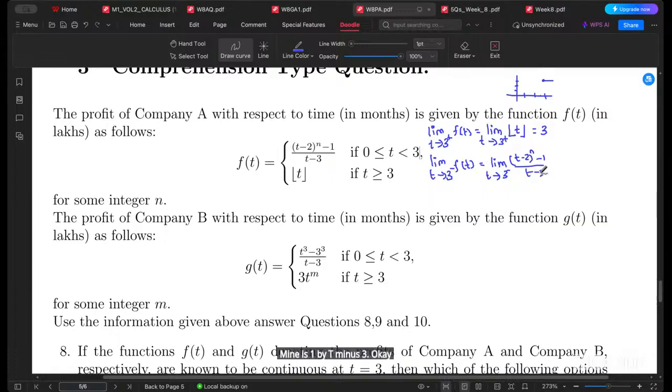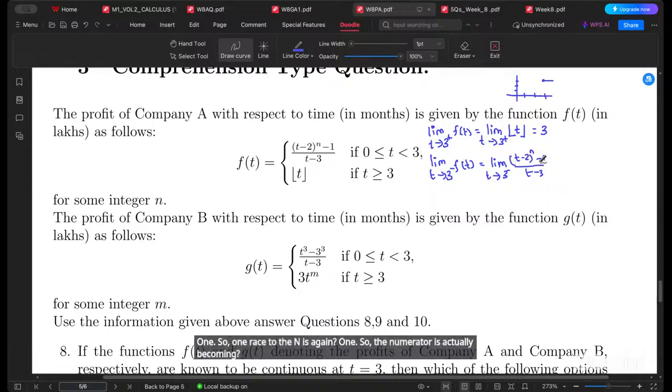Okay, how to go about this? We'll do it step by step. If you apply 3 for t, what is this value? 1 raised to n becomes 1, so 1 minus 1. So the numerator is actually becoming 0.